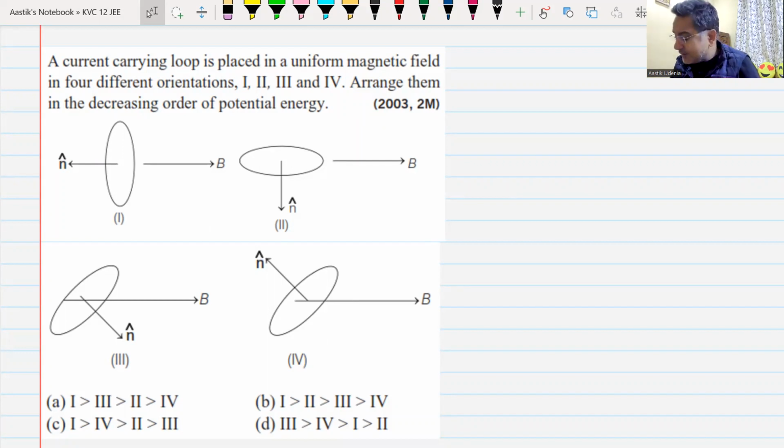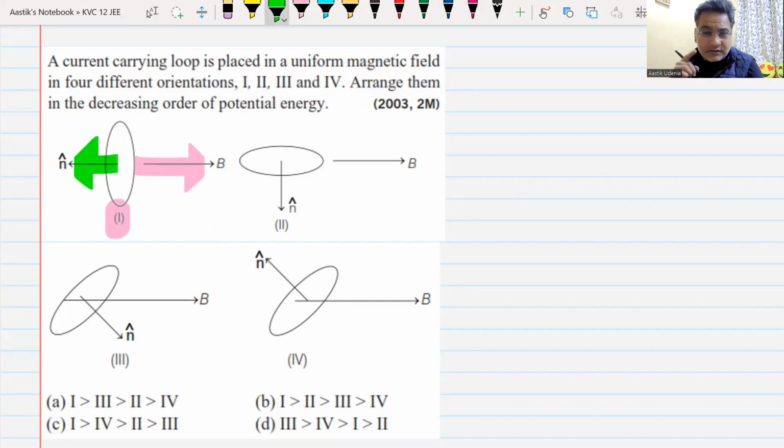You can see in case number 1, the pink case, the magnetic field is like this and the area vector is like this. The angle between B and the area vector, the magnetic moment, is 180 degrees.